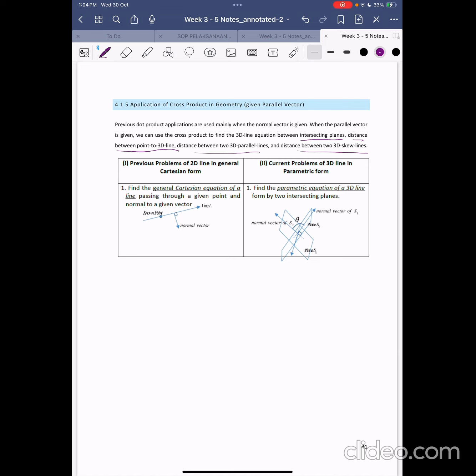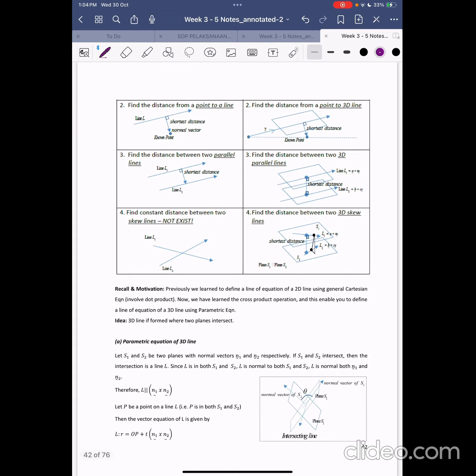So in the Cartesian format, we need to find the Cartesian equation of the line passing through any given point, and there is a normal vector to that. However, if it's the problem in 3D line, the parametric equation where the two planes are intersecting with each other, one plane and another plane, we can find the normal vector of each plane as given in that.